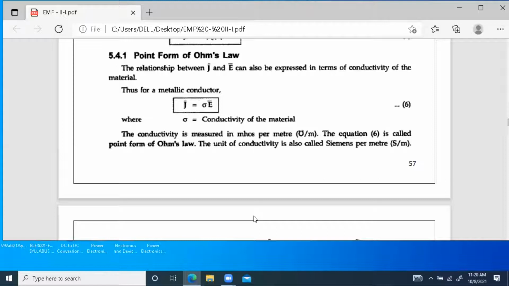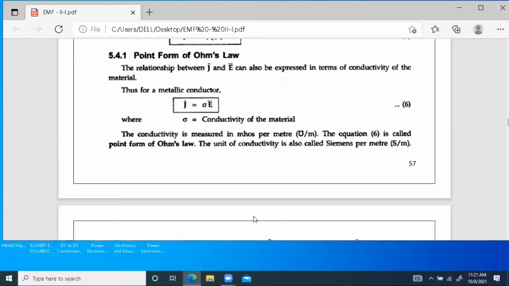Remind me, what is Ohm's law? So what do you want, the equation? Yeah, anyhow you can chop it up, give me. Voltage equals current times resistance, sir.